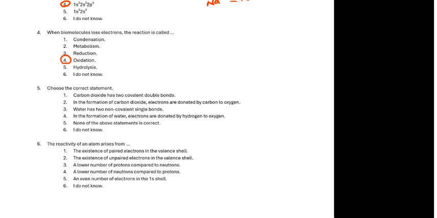Like in the previous question, we had the sodium. So when sodium loses an electron, that means we are going to have plus. So an increase in the charge is what we call oxidation. Hence, loss of electrons is called oxidation.